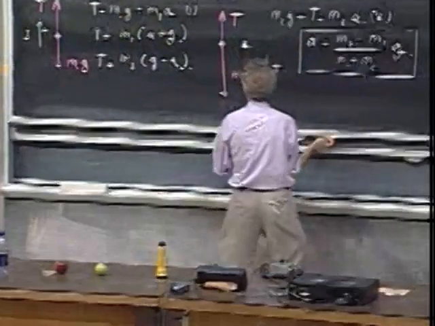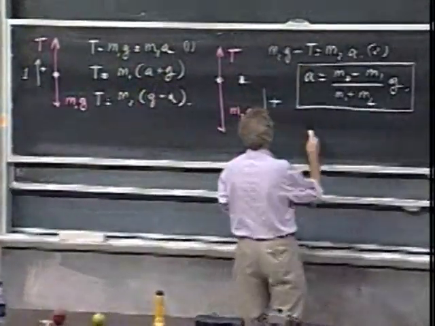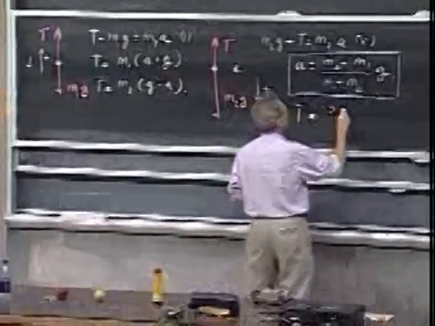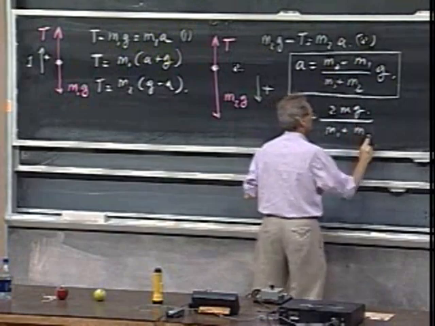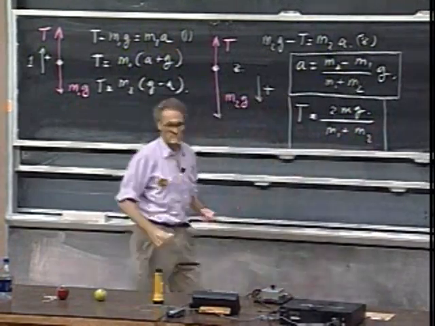And you substitute that a in that equation, and you'll find that the tension equals 2m1m2g divided by m1 plus m2. This is very easy for you to verify.